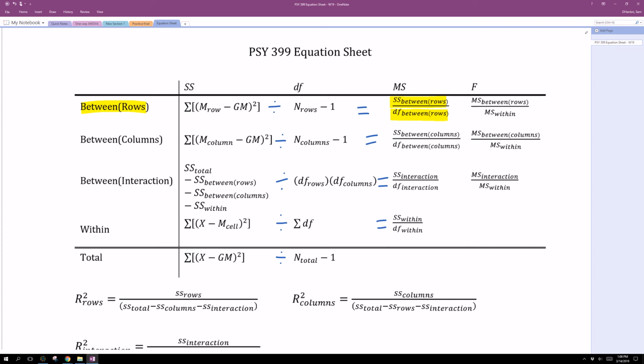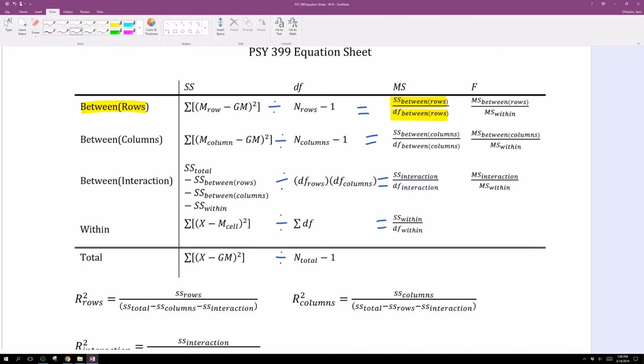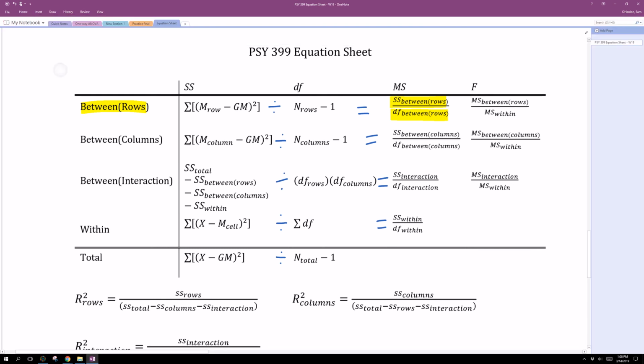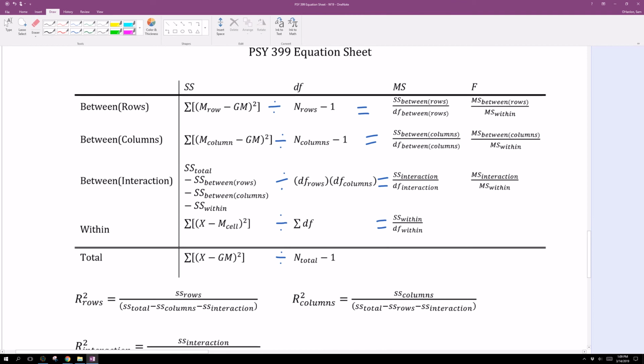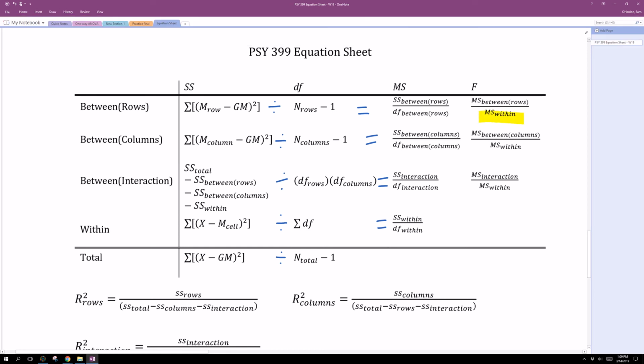Now for the F ratios, again, you're just matching things up. So again, the denominator is always within, right? As with the other two tables, you're taking MS within and putting that in the denominator. And just like we did before, the thing next to it is what goes in the numerator. Easy peasy.